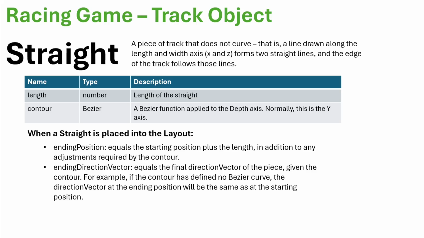So, if this contour is null, then the straight piece is going to be a pure straight piece, no hills, nothing. A contour is where we can draw the hills or increase inclines, decrease inclines, all that kind of fun stuff. And you'll see that once we get into the code and start constructing the piece.